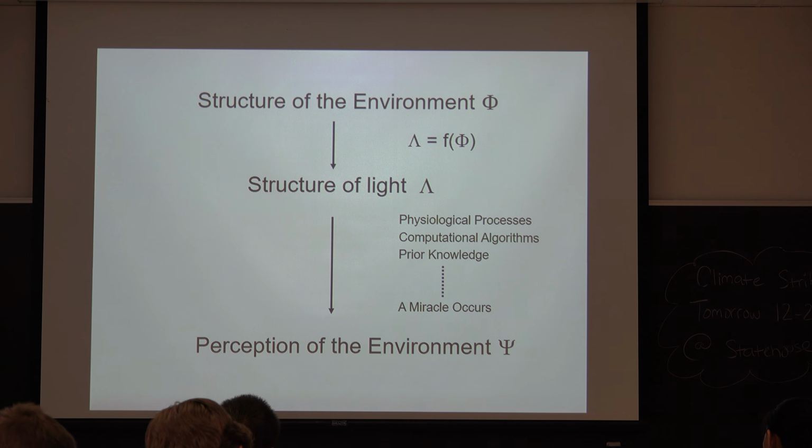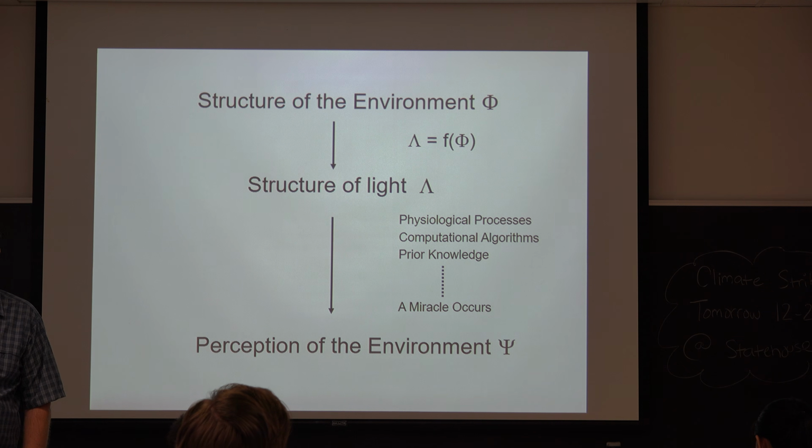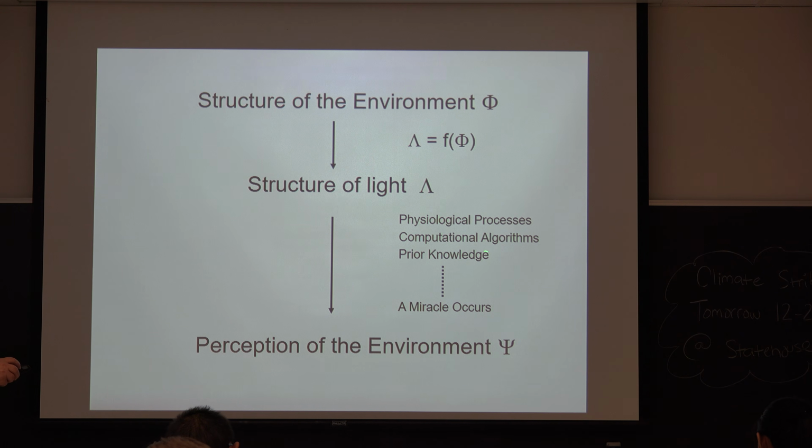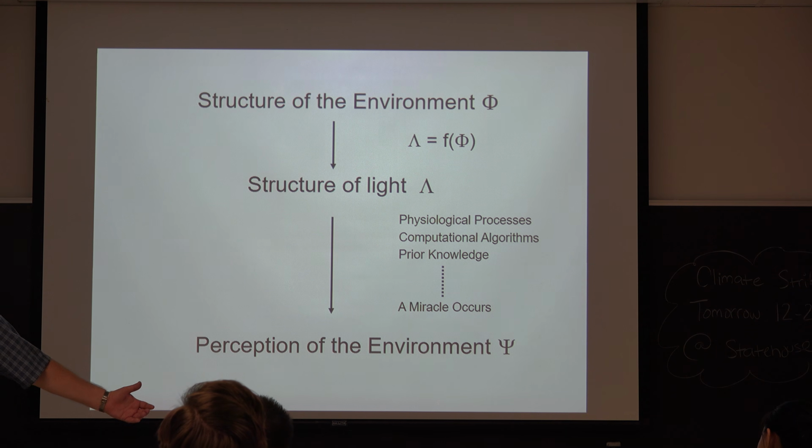Now, you can think about this from a variety of perspectives. You can say, okay, well, the brain is doing it. We've got physiological processes that are somehow determining what the 3D structure is. If you're, say, in computer vision, you say, well, we're going to write a bunch of computational algorithms to determine this.